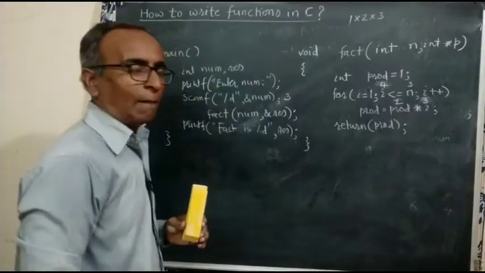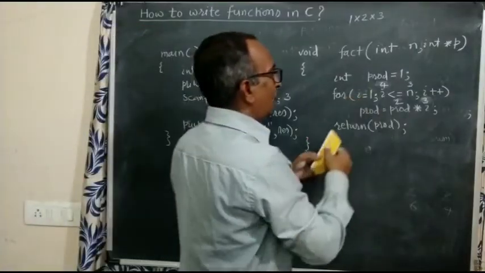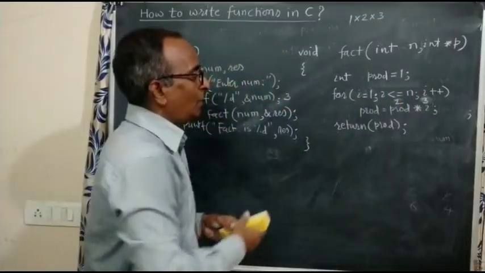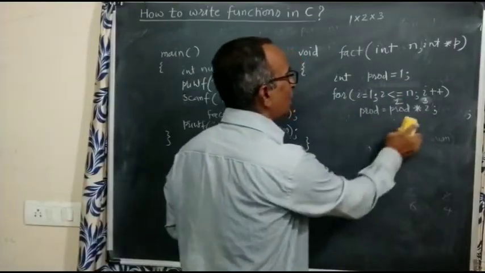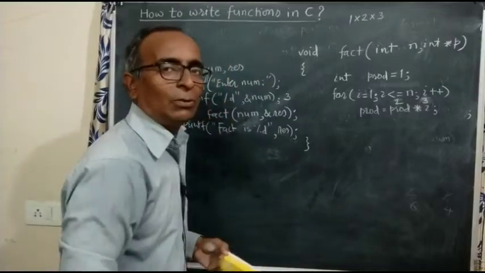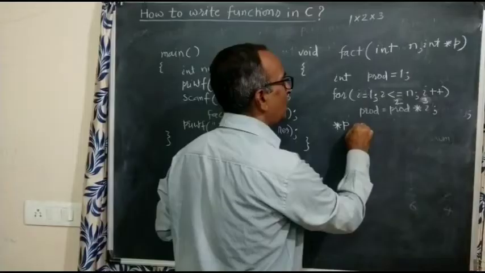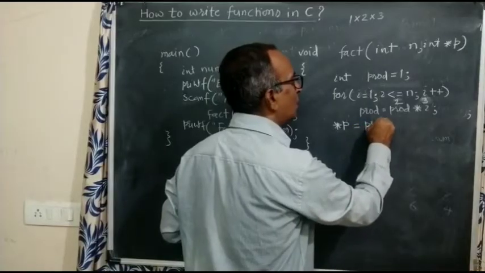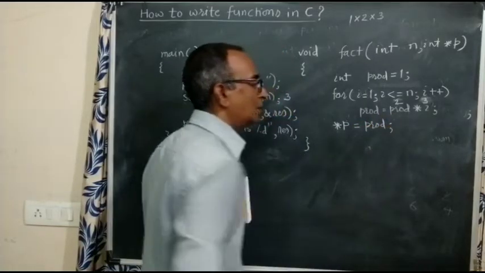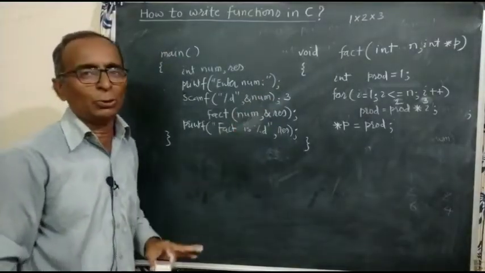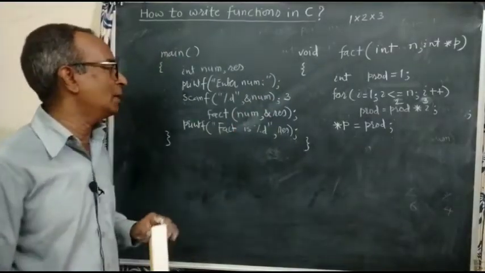So here in this case, instead of returning product, what I can do is write star P is given this product. That's it. Or you can manipulate this result here. I'll show what is exactly happening here.